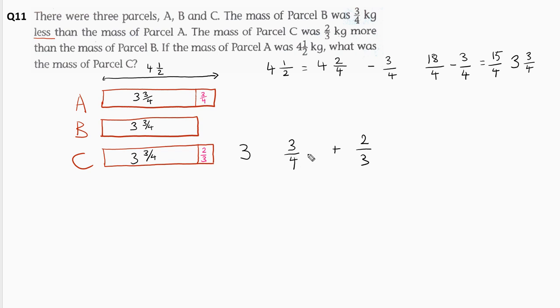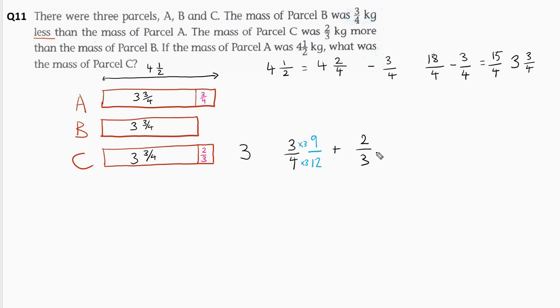So how do I get from 4 to 12? I multiply by 3. And whatever I'm doing to the denominator, I have to do to the numerator. So 3 times 3 is 9. So 3/4 is equivalent to 9/12.